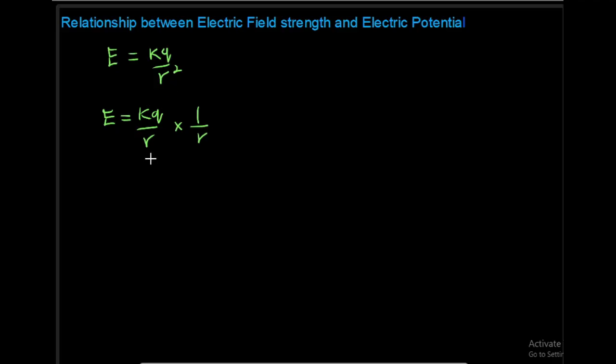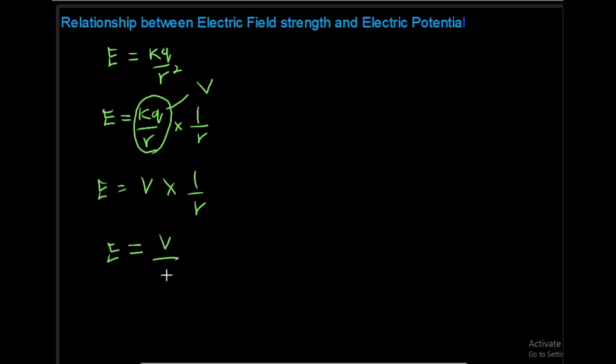Now looking at what we have here, you discover that the whole of this is simply electric potential, V. Remember, V is equal to KQ over R. So rather than writing KQ over R, we can change this to V. So we're going to have electric field strength equals V, electric potential, times 1 over R. If we simplify this, we're going to have electric field strength equal to V all over R. So this is the formula that connects electric field strength and electric potential.